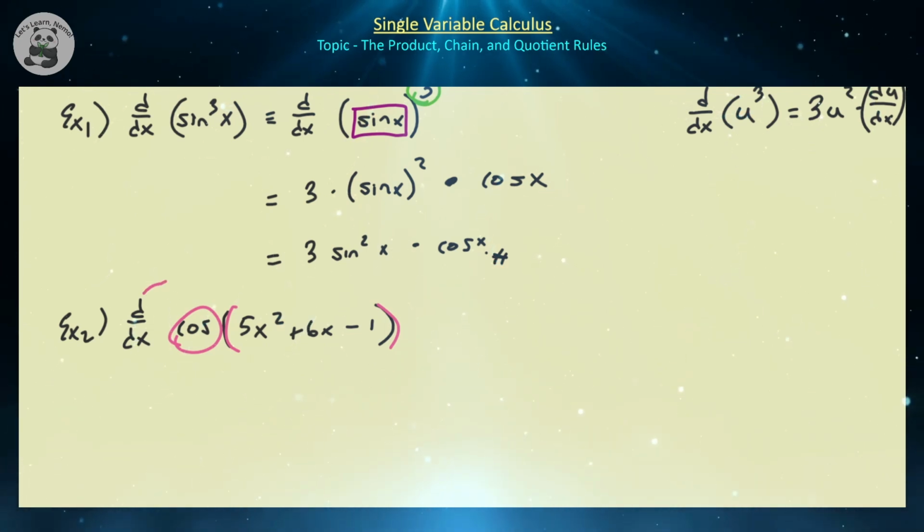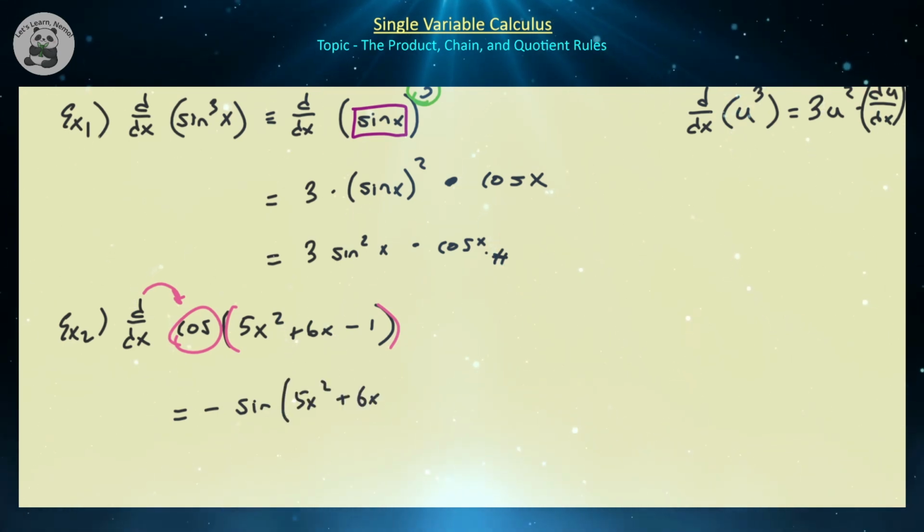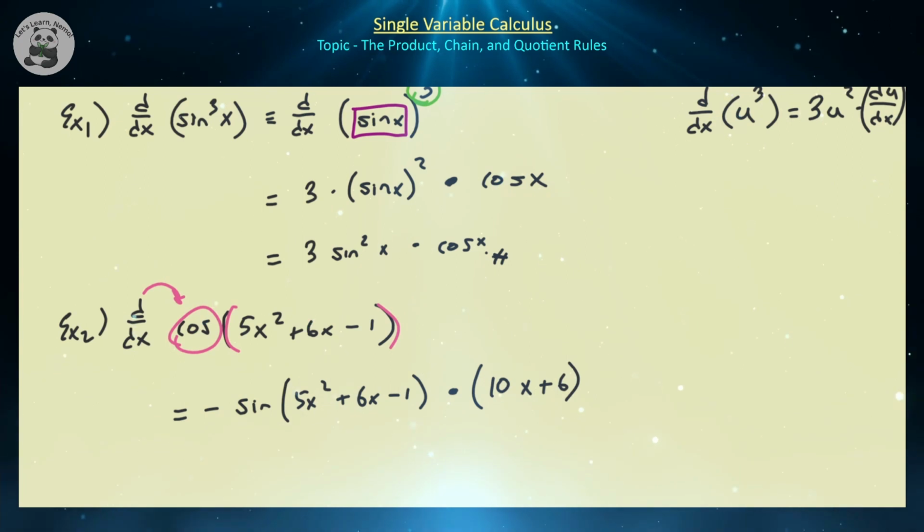Therefore, the derivative needs to take care of the cosine first and then take care of the interior function. So the derivative of the cosine of something is equal to the minus sine of something. And then we need to multiply that by the derivative of the interior function, which is just going to be 10x plus 6. And that would be the answer.